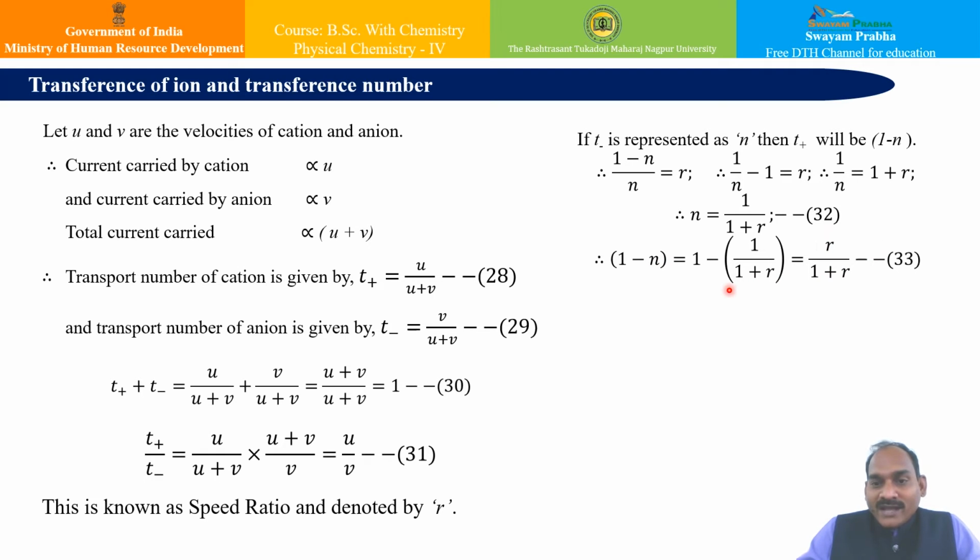So my current carrying fraction of cation, that is 1 minus n, is given by this. Now what we have done with this simple rearrangement is that we have represented both the fraction of current carried by the anion and the fraction of current carried by the cation by a single parameter, the speed ratio r, which will be helpful in solving numerical problems.